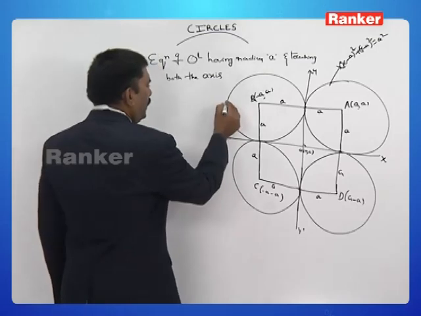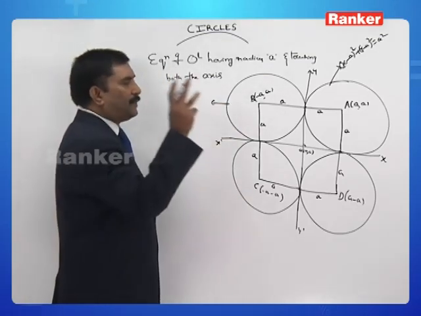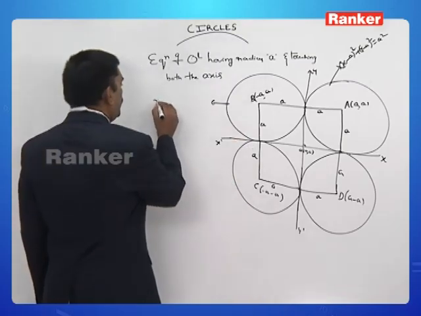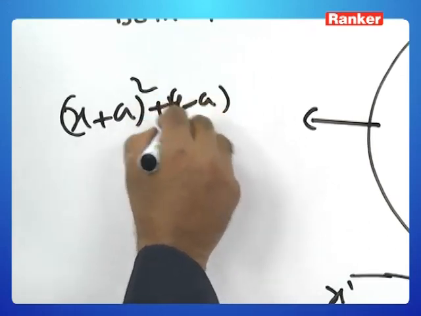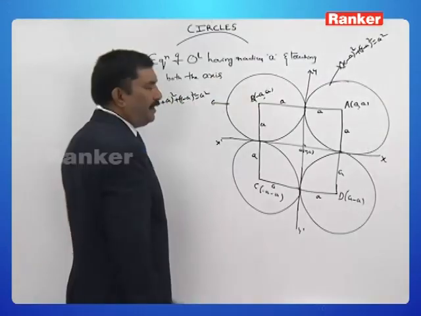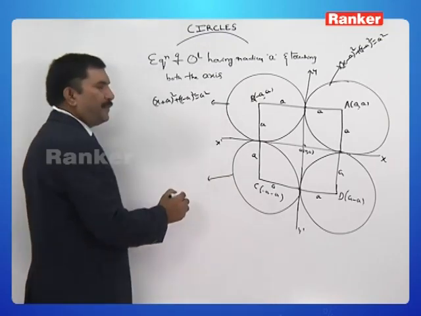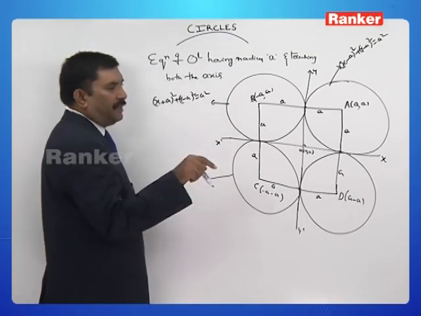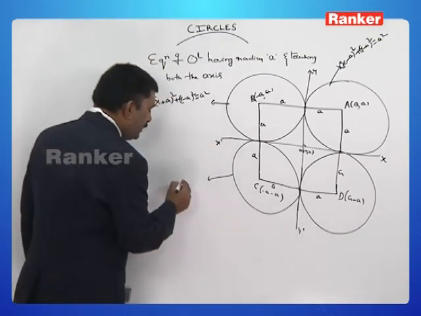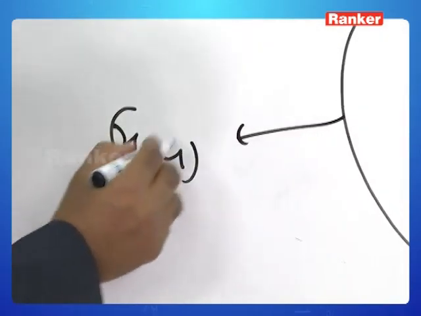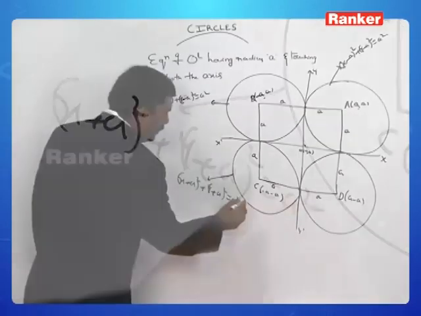Then the equation of the circle touching both the axes in the second quadrant can be written as (x plus a) whole square plus (y minus a) whole square equals a square. Now the equation of a circle having radius a touching both the axes in the third quadrant is given by (x plus a) whole square plus (y plus a) whole square equals a square.